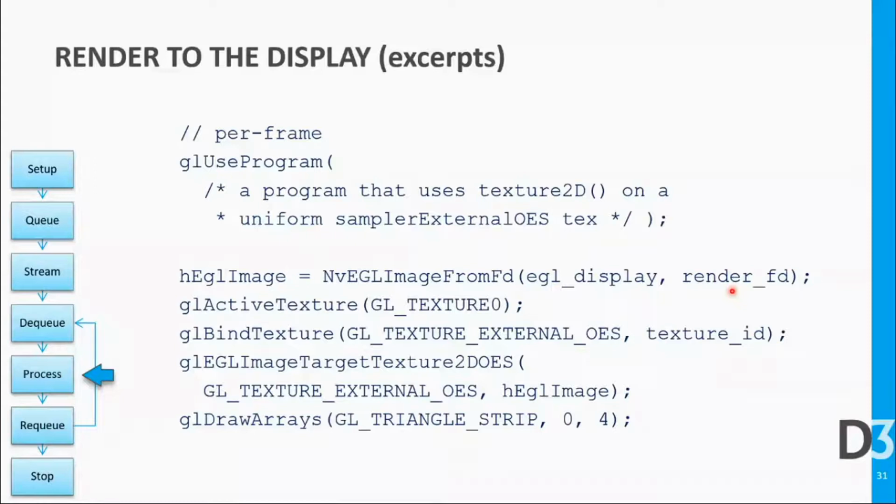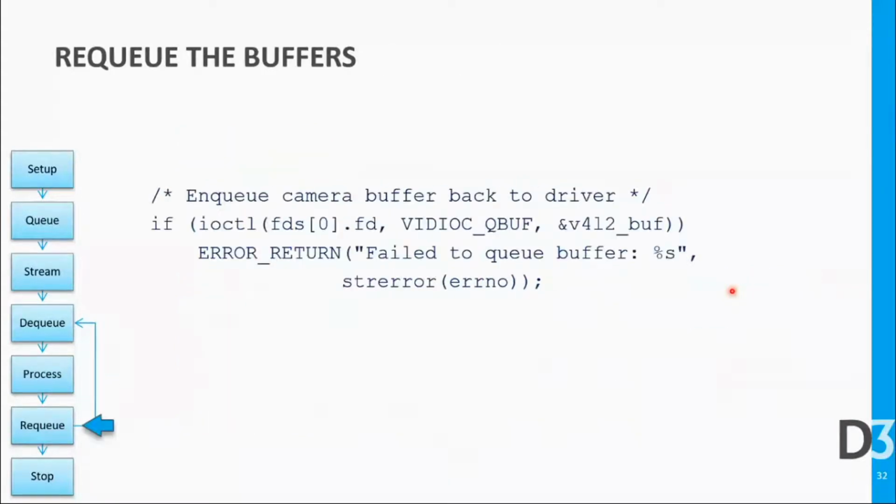Now, going back to V4L2. Now we're back to V4L2 land. We've done all this CUDA stuff and EGL stuff and everything. We are done with one frame of the image. Like I said, the V4L2 driver has a queue of buffers, and the application is responsible for managing that queue so that the application has control over what's going on.